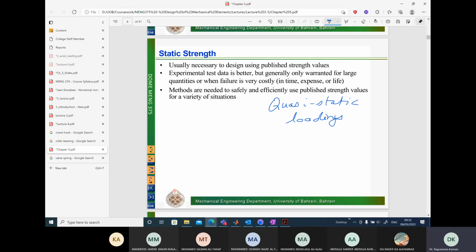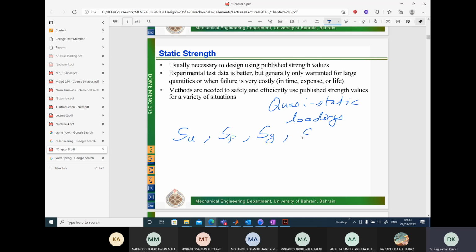So what are some of the examples of the properties you extract from tensile tests? We are going to use the symbol S for all material properties rather than using sigma. So for example, S ultimate strength, S fracture strength, S yield strength. So these are some of our examples.